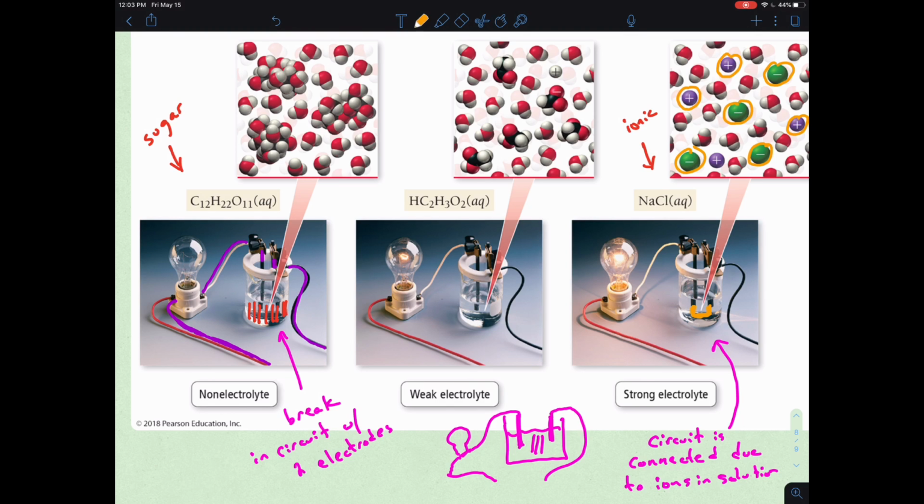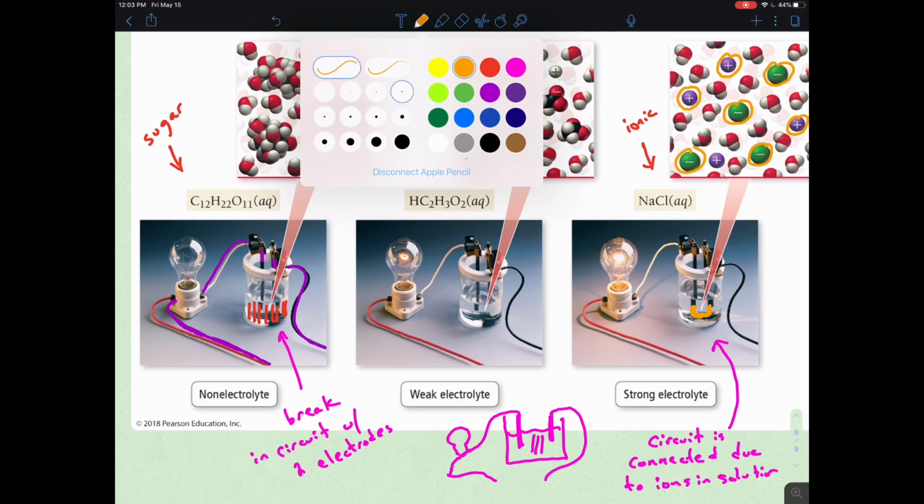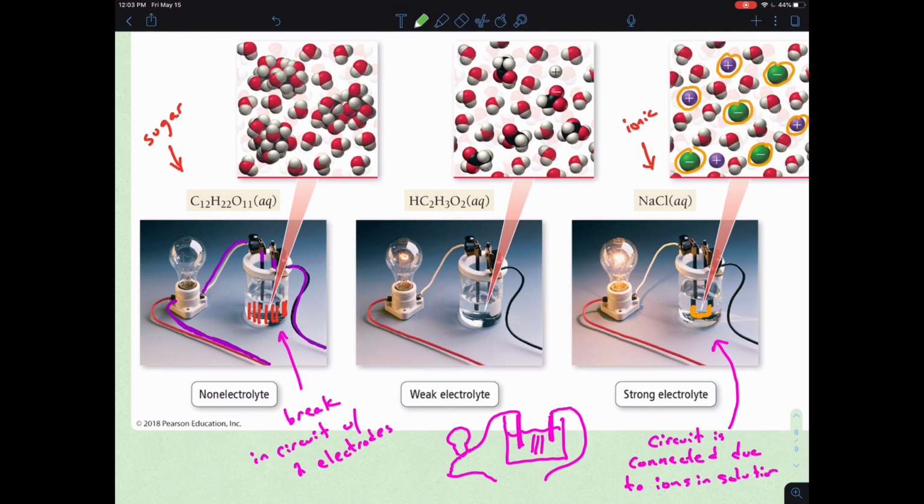If we look in the middle, we have something that is what we would call weakly ionic. And this is a little bit getting ahead of the game here, but this is a weak acid.